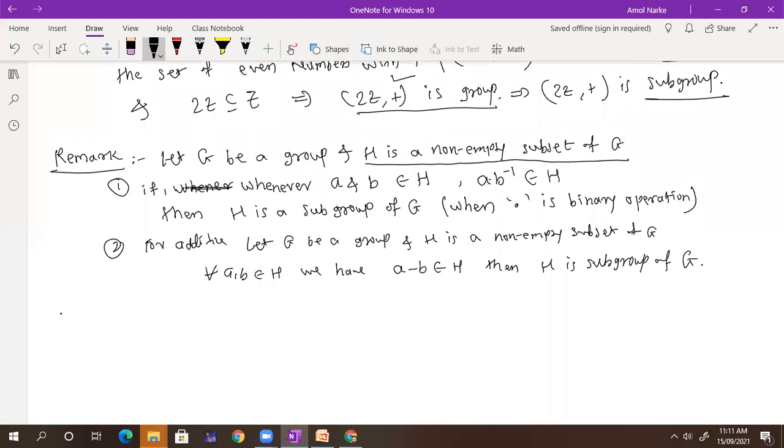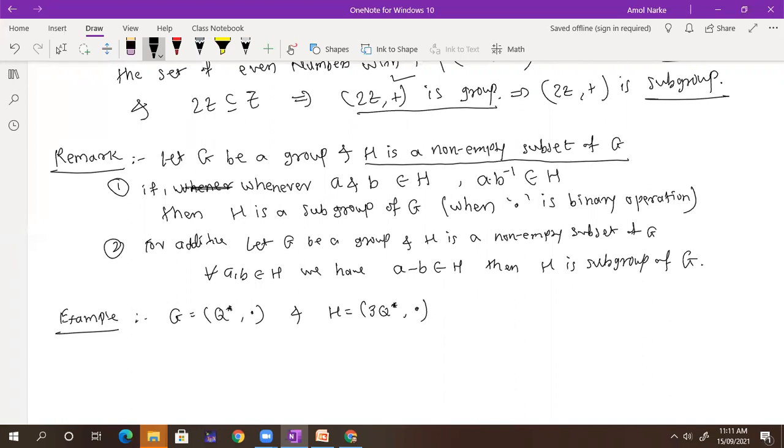So, example. I have given G, the group G, which is Q star with multiplication, and my H is 3 into Q star, with the same operation.